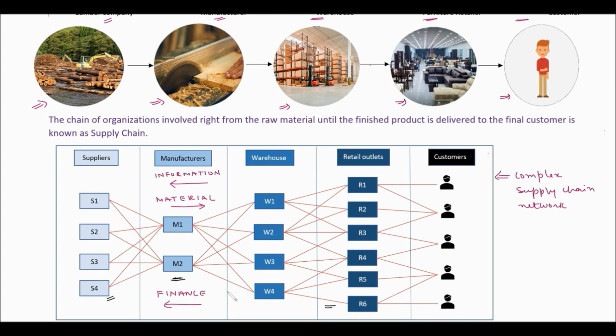Now let us understand the main processes in any supply chain. So let's take again this manufacturing firm as the main firm here, and this is the supply chain for this manufacturing firm. So let's understand what are the key processes which form the main heart of a supply chain.